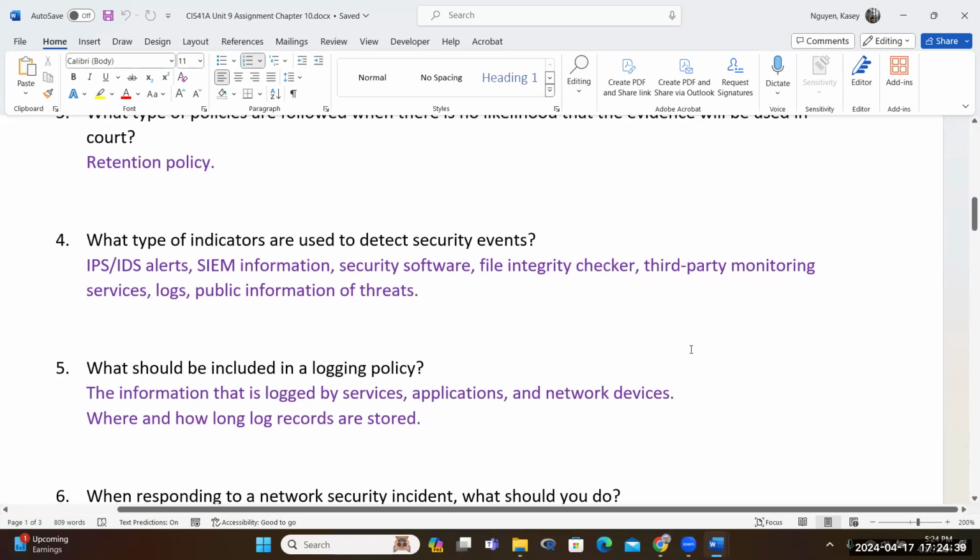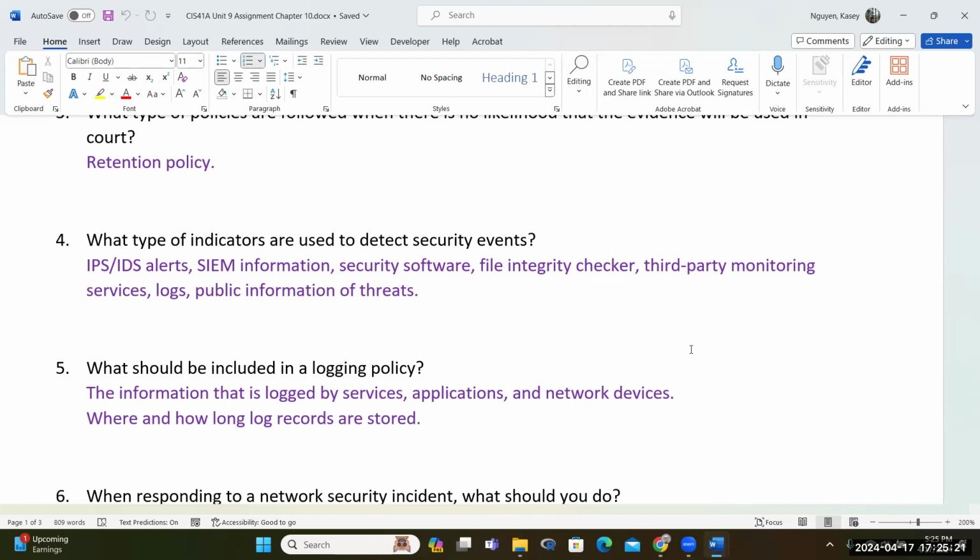So when you're writing a logging policy, how we should maintain our logs, we need to include information on the log services, the applications, because those are also logged, network devices such as your routers, switches, security appliances, those keep logs. Also, where the logs are going to be stored and backed up, how long the logs are going to stay in storage.